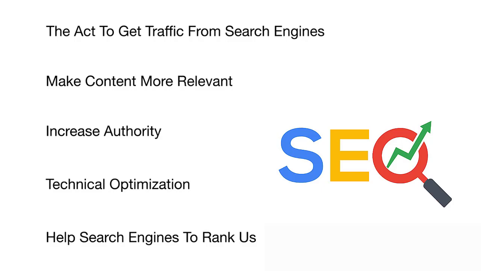We want to optimize certain images, we have to optimize the speed of the website and some other factors as well, and that is the technical optimization, which is also very important in terms of SEO.